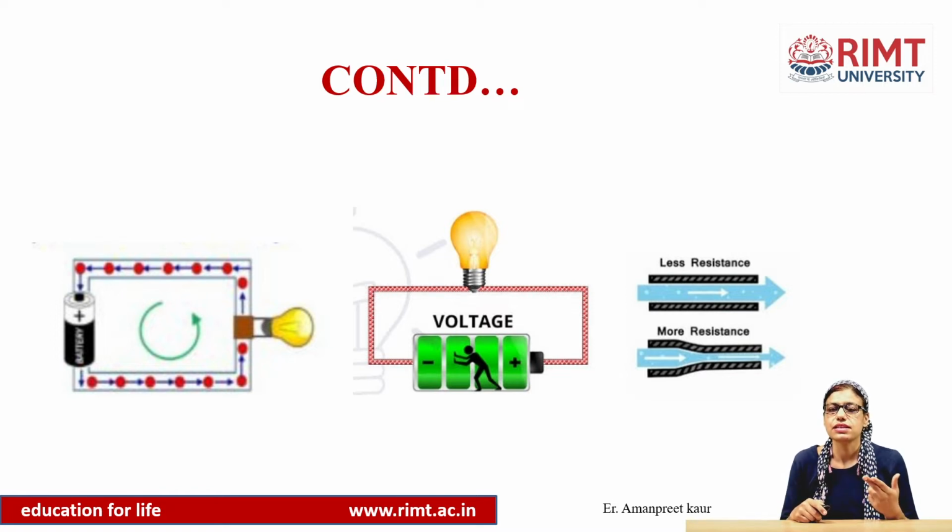Resistance depends upon the length and the diameter of the conductor. As the diameter increases, resistance is less and current flows more; if the diameter is less, resistance is more and current flows less.